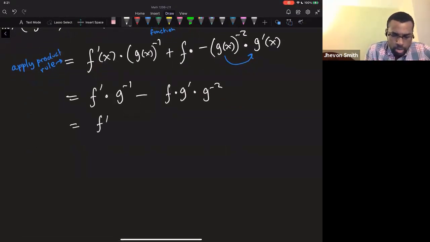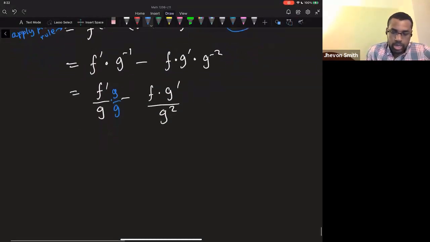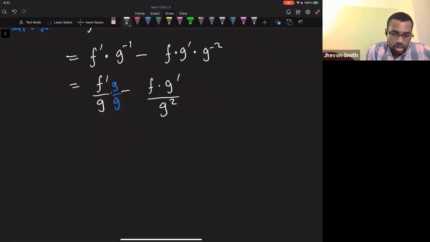So this is like f prime over g minus f times g prime over g squared. Create a common denominator to be able to add these together. So this would be f prime times g minus f times g prime all over g squared.